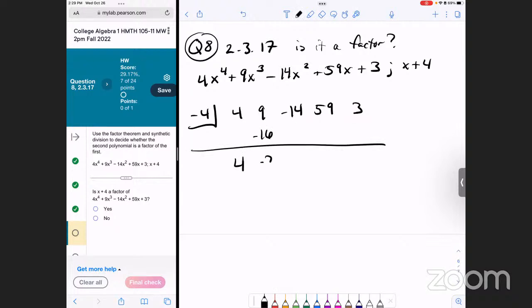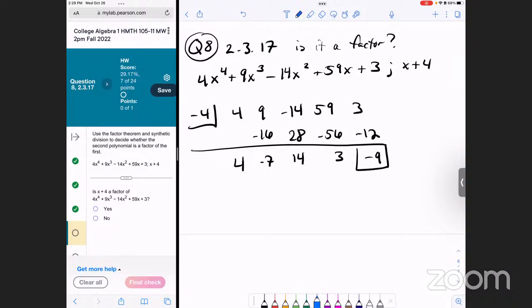That's going to be negative 7. Positive 28. Positive 14 plus 16 is 56. So negative 56. 3, negative 12. And it adds to negative 9.